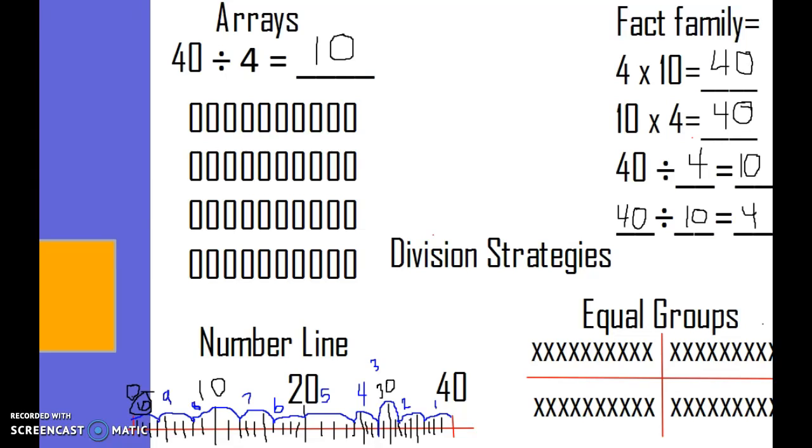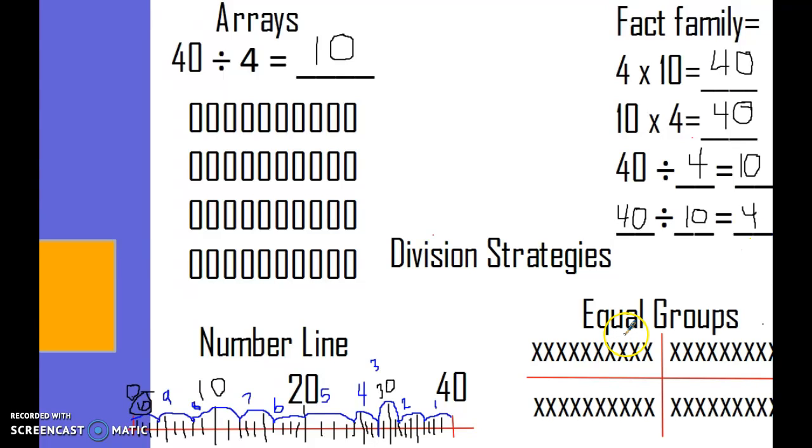Maybe you have 40, I always say Skittles because it's easier to count, and you want 4 groups of colors, and you have 40 Skittles, okay? So let's say we want red in one group, and purple in another group, and blue and green, whatever you have.